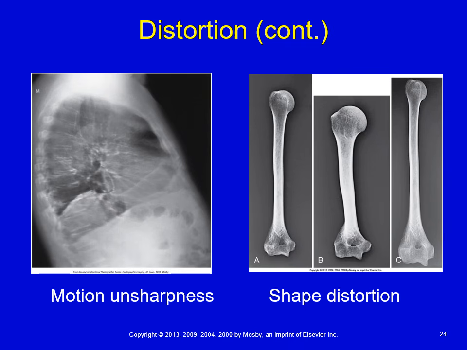If there's any move in one of those alignments, intended or not intended, you can create elongation and also foreshortening. Those are the two types of shape distortion. So shape distortion is when the body part is the wrong shape. Motion causes blurriness. And of course, size distortion is magnification, meaning the part is larger than it normally should be.